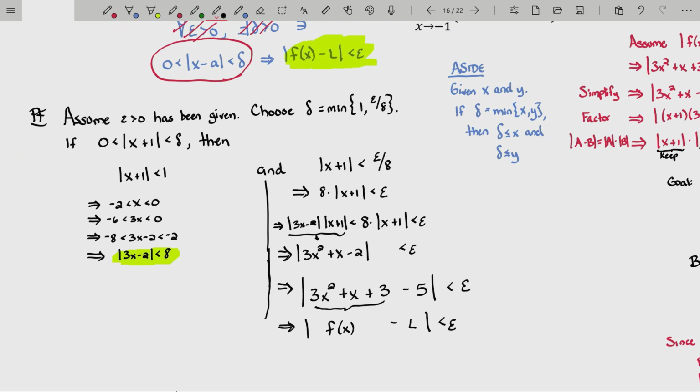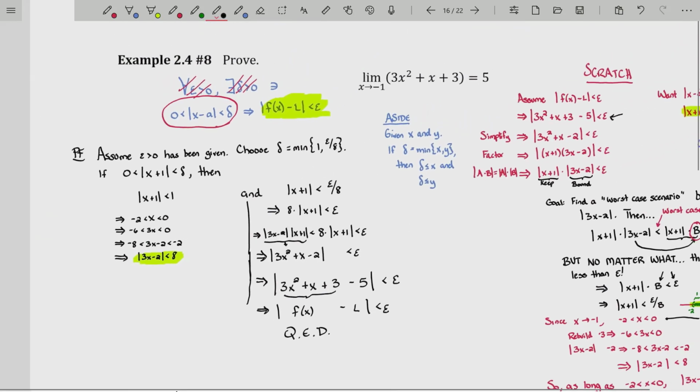All I assumed was that delta was the minimum of 1 or epsilon over 8. No matter what, in either case, I will bound my function to within the epsilon neighborhood that you choose of the limit. Quite easily done. Quod erat demonstrandum.